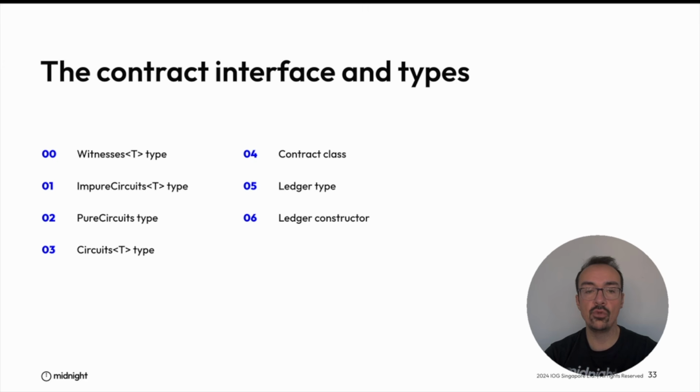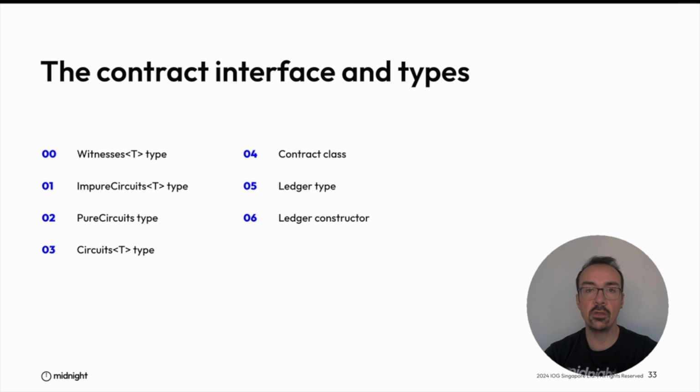So for example, you get a type for the witnesses. So all the witnesses that you have in your application are going to be typed according to the value that they return. So that's what you get. You also get a type for the impure circuits. So Compact makes a difference between pure and impure circuits. Quickly, a circuit is pure if there are no side effects.